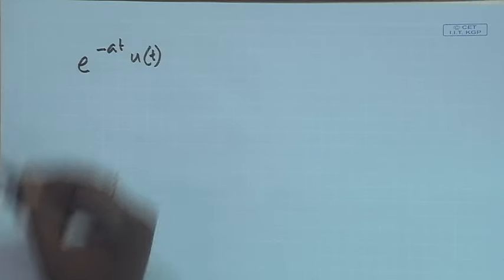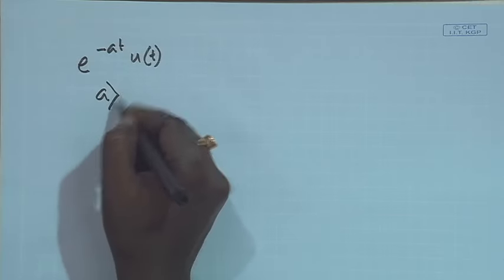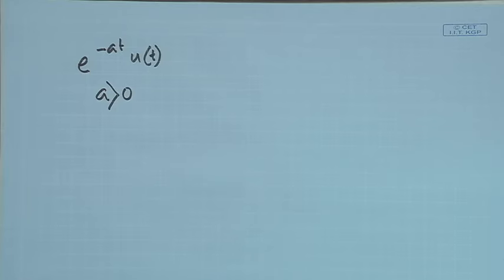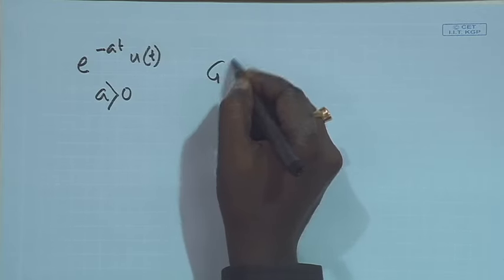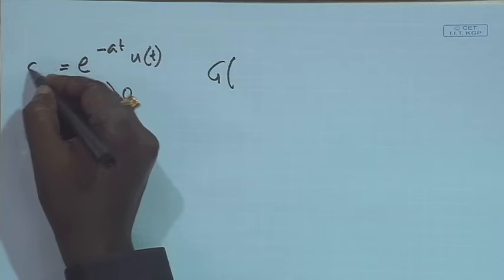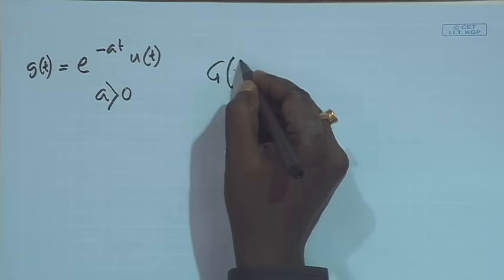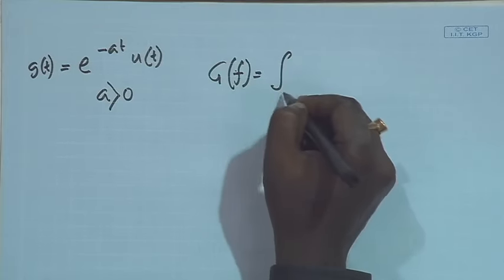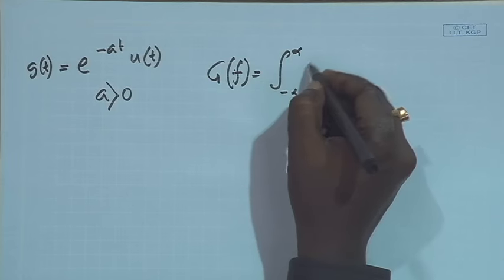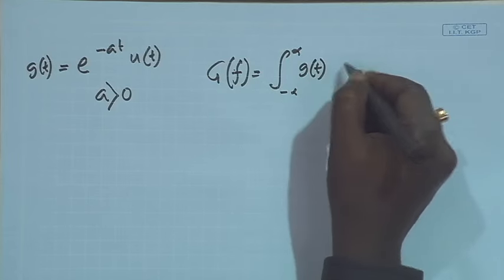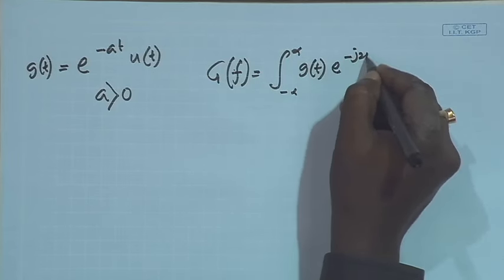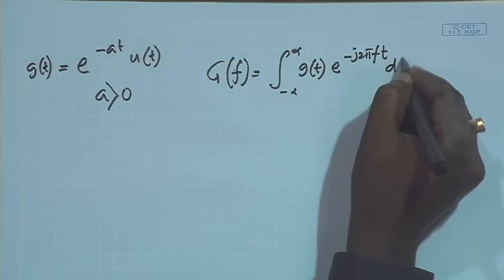We want to get the Fourier transform of this signal, where a is greater than 0. Let us do it in a very simple manner. Suppose this is g(t). We want to evaluate G(f), which is the integral from minus infinity to plus infinity of g(t) e to the power minus j 2 pi f t dt.